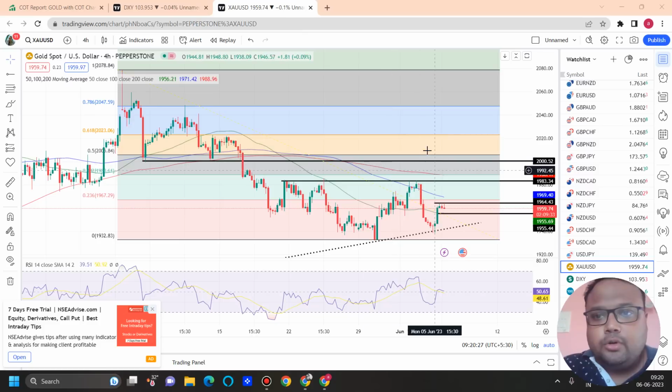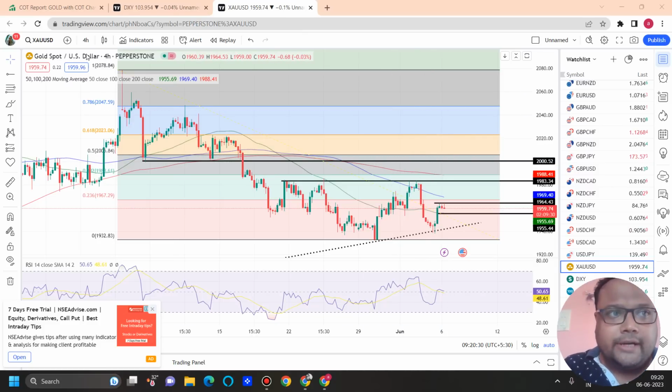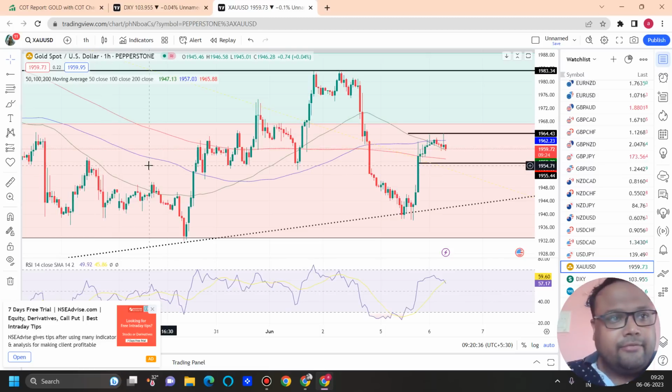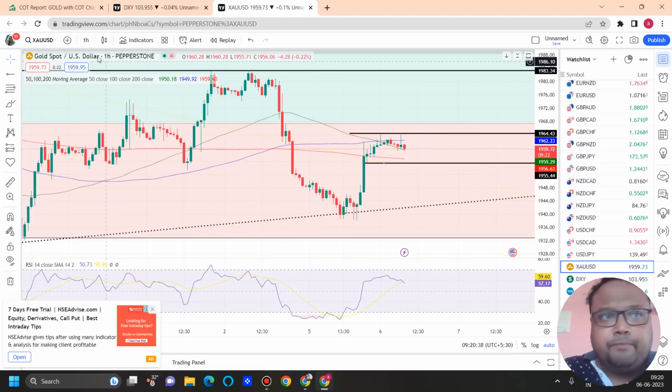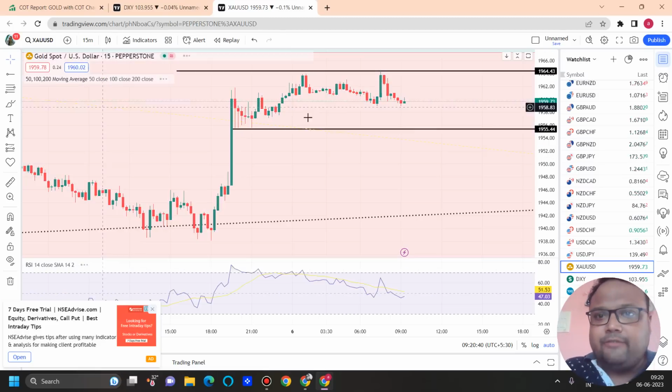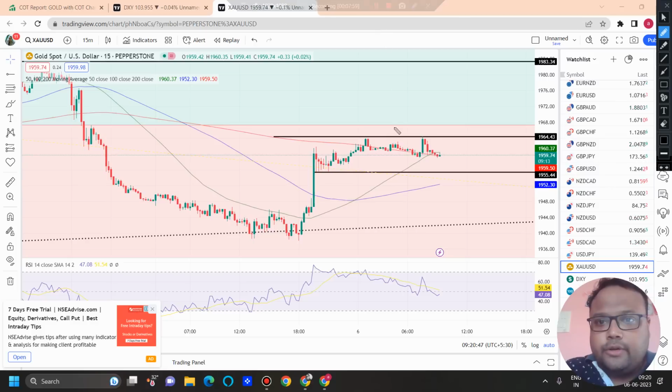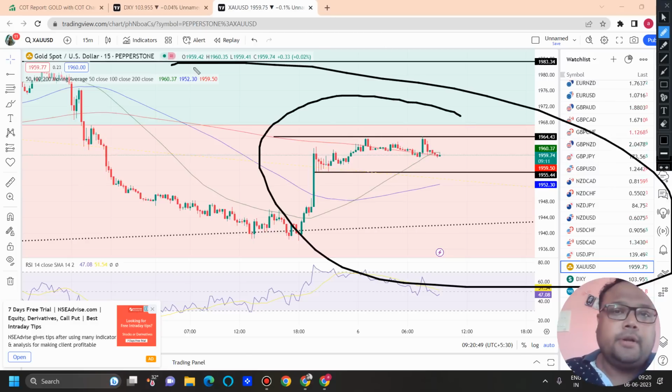So these are the two strong resistances on the chart of gold right now, but sadly both levels are far away from the current market price. If I switch to the 1 hour or the 15 minute time frame, I can see that the market is trading inside a range. So day traders, you need to focus on this range only.